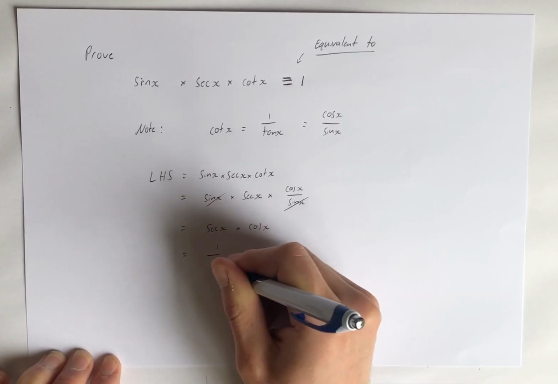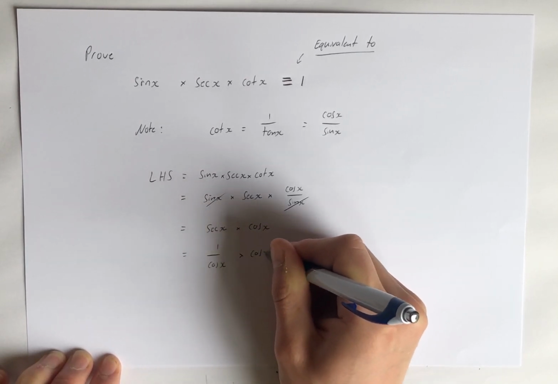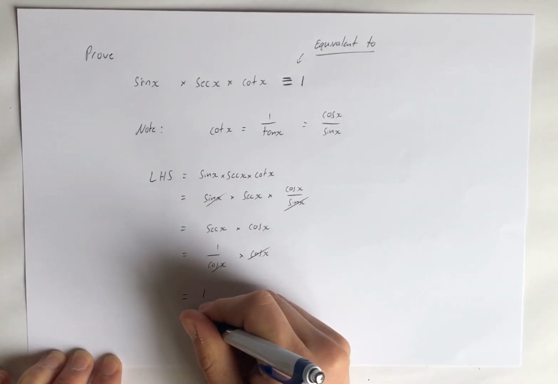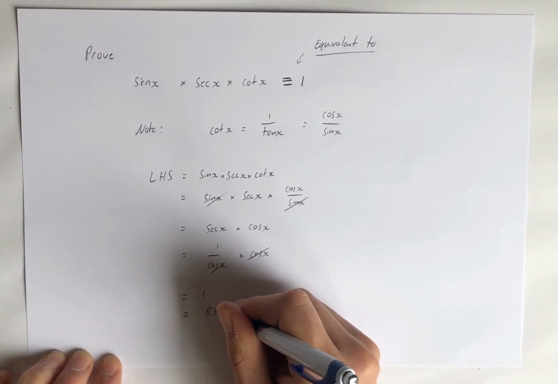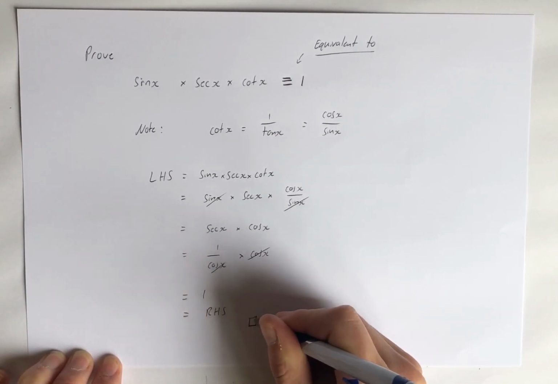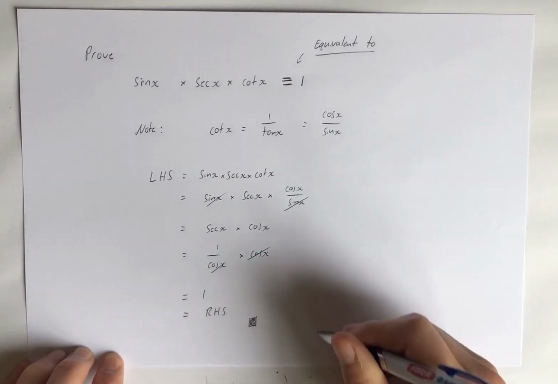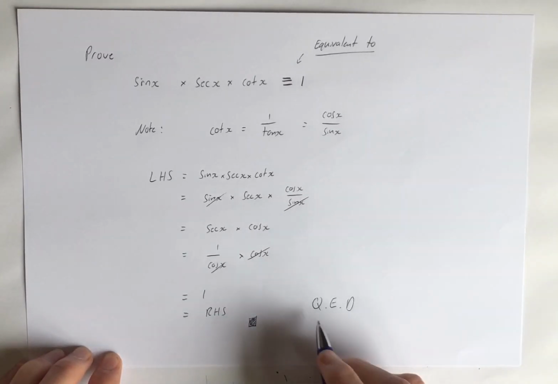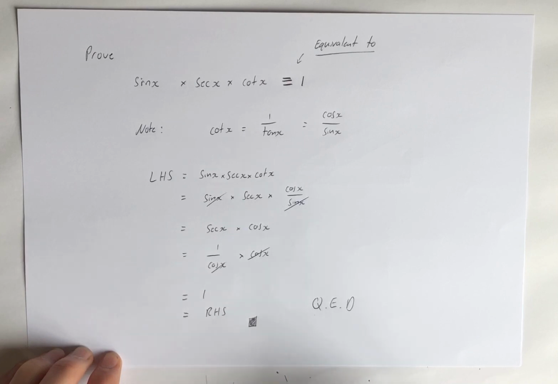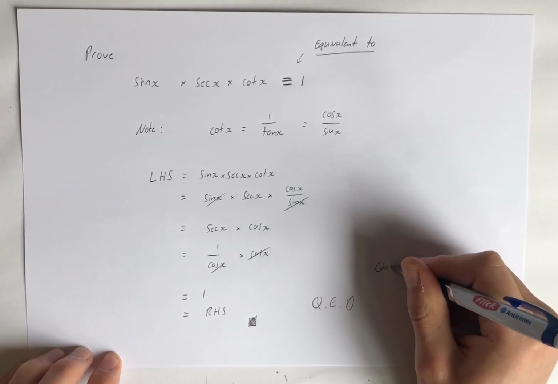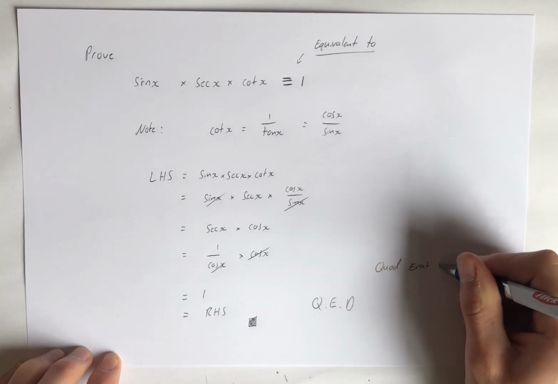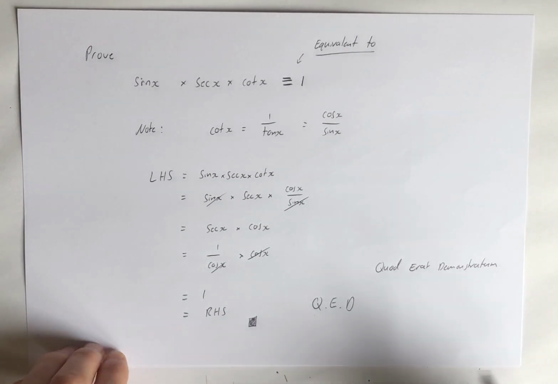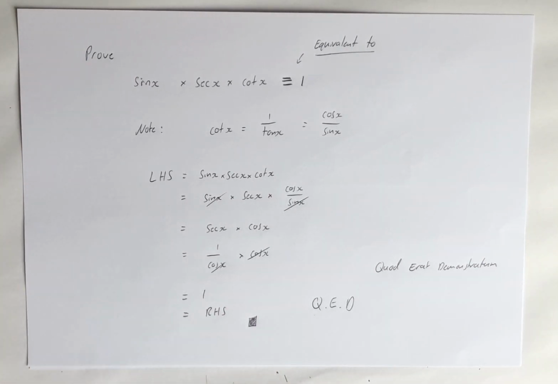Well, sec is 1 over cosine, and there we have it, cosines cancel, we have the 1, and that is equal to the right hand side. And you can either use a little black box to say end of proof, or QED. It's actually Latin for something like quod erat demonstrandum, which is just a fancy way of saying there it is.